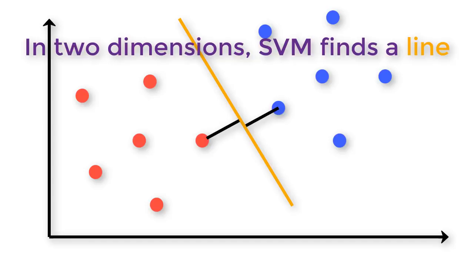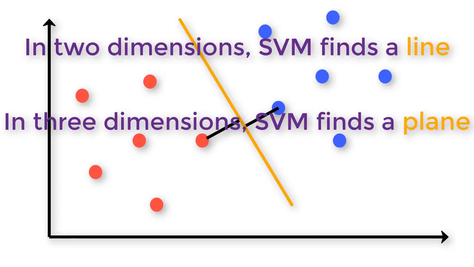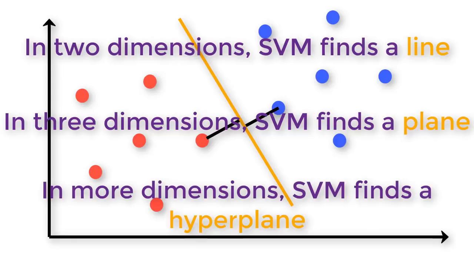When we use support vector machine on our data, it will find a plane that separates the data in an optimal way. Also, suppose that we had 4 or 5 or 6 or more features from our data. In this case, support vector machine would find a shape that's called a hyperplane, a plane in more than 3 dimensions that separates the data optimally.